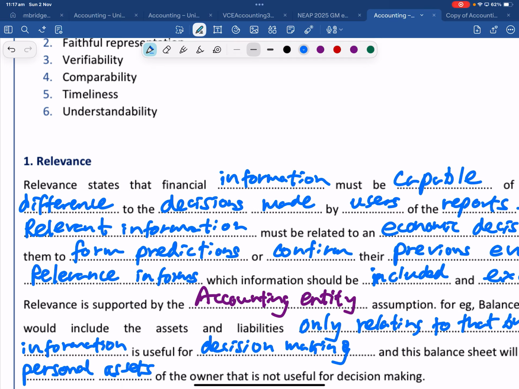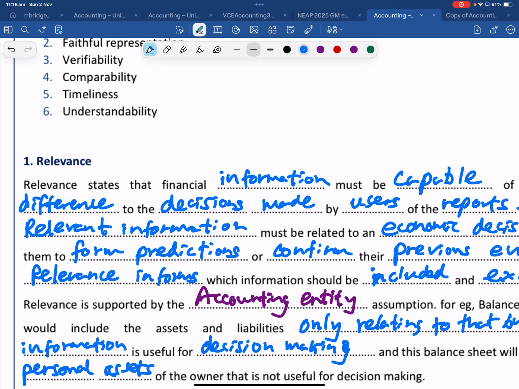The full format is: relevance states that information should be capable of making a difference to the decisions made by the users, in such a way that the reports report relevant information, and those things help the users to form predictions or confirm their previous evaluations.